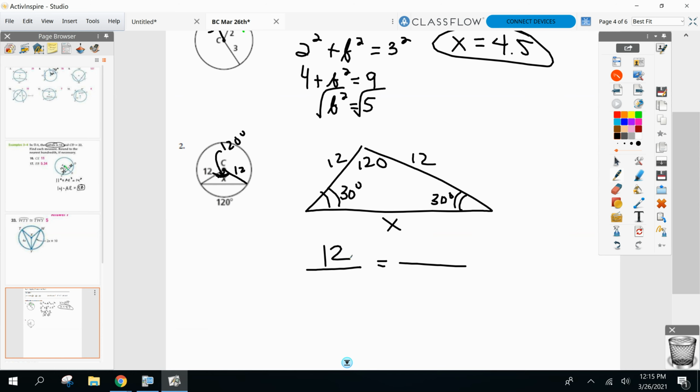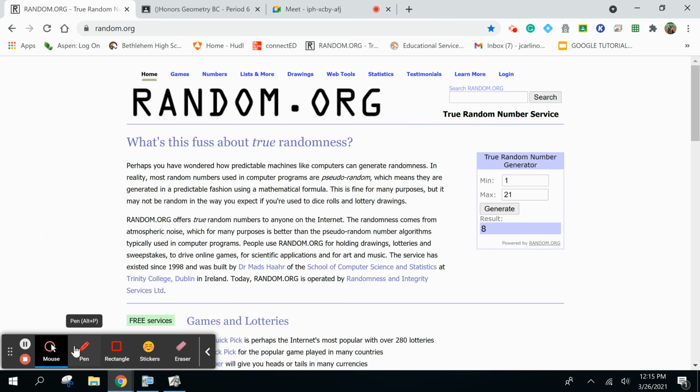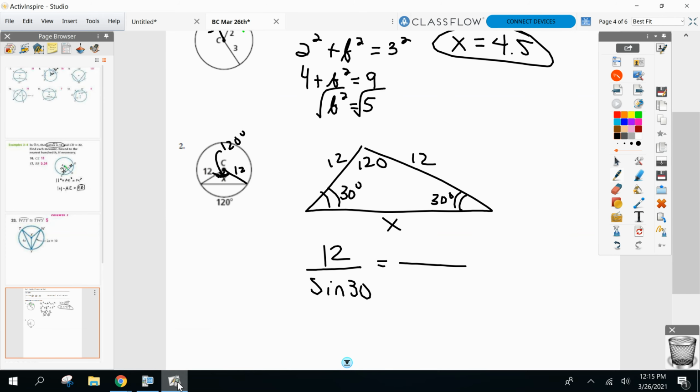Okay, so I'm going to start with 12 over, hopefully you guys remember, I'm not going to put 30 on the bottom. Law of sines, sine 30. And then what should be my other side and angle relation on the other side of the proportion? 18. Sean, what should be on my other side now? X over the sine of 120. Good job, Sean.